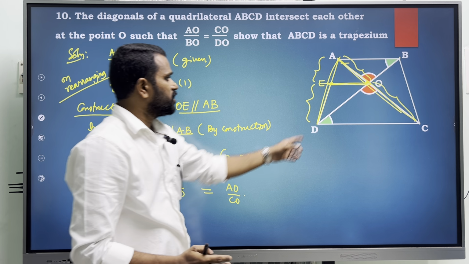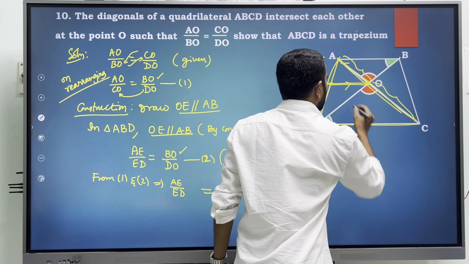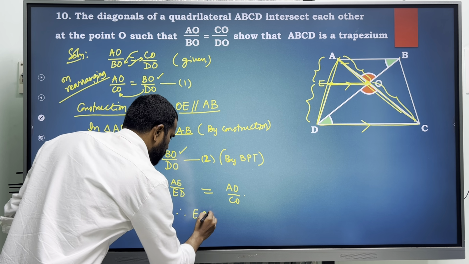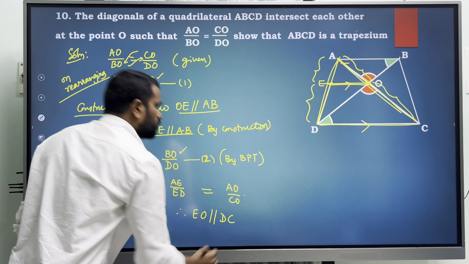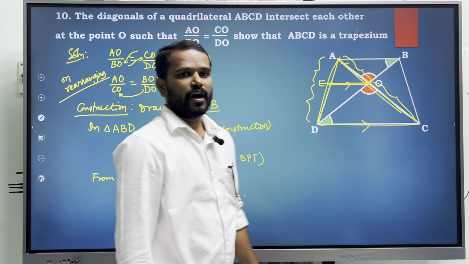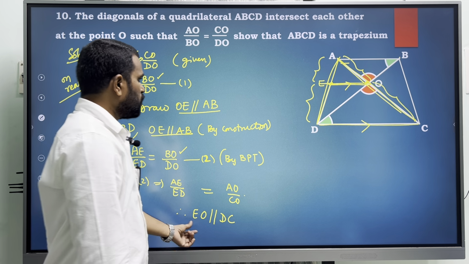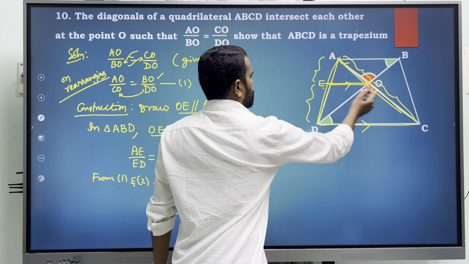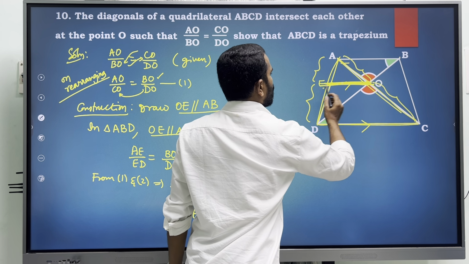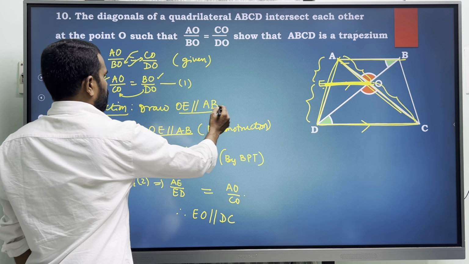Therefore, EO is parallel to DC. Understand? This is how we have done. So EO is parallel to DC, and we know that EO is also parallel to AB.